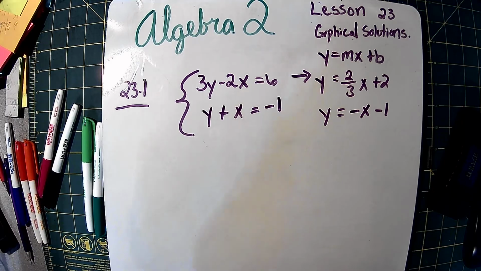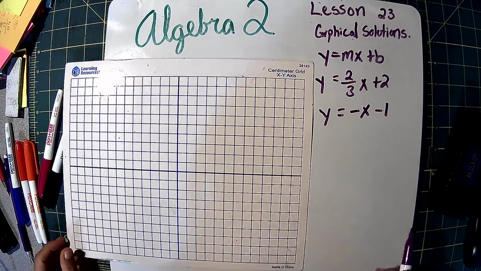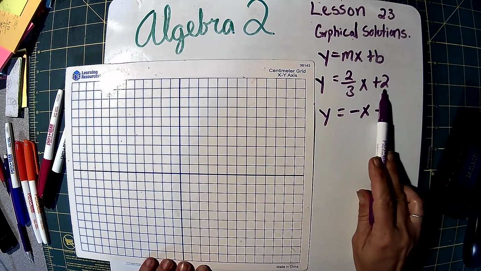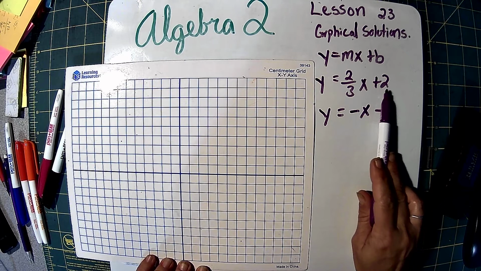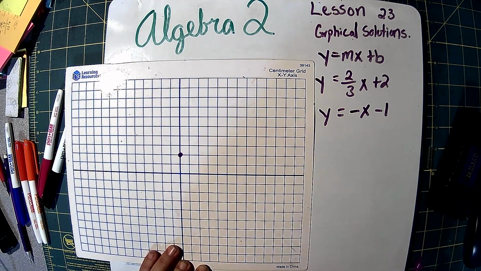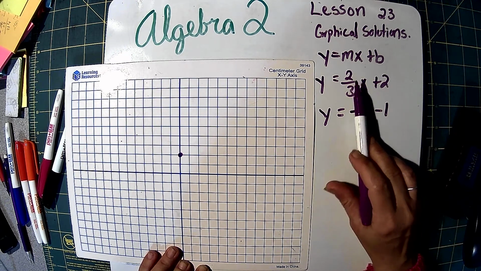So if we have our coordinate plane, and we want to graph them, first we have y equals 2/3 x plus 2. The first number we're going to look at is this plus 2. That's our y-intercept, so we go up 2. And then 2/3 is our slope, so rise over run, up 2 over 3.